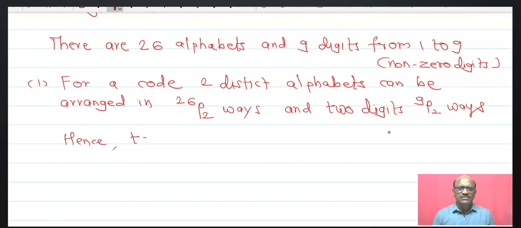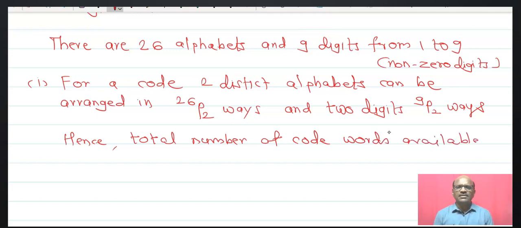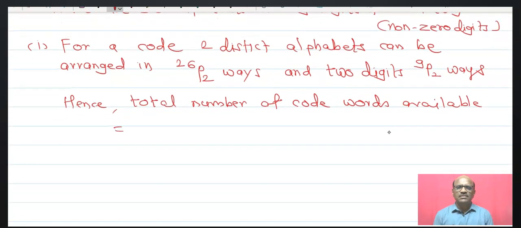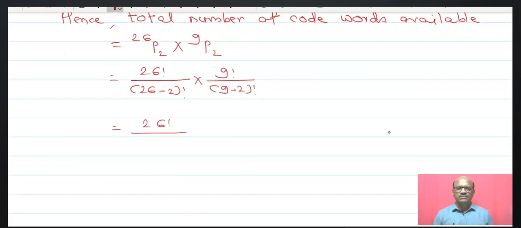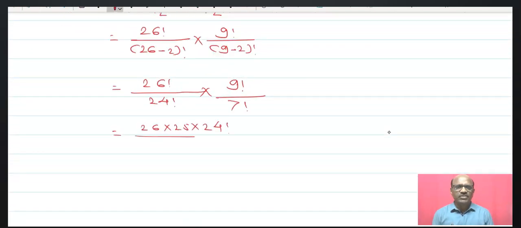Hence, the total number of code words available is 26P2 into 9P2, that is 26 factorial upon (26 minus 2) factorial into 9 factorial upon 7 factorial.